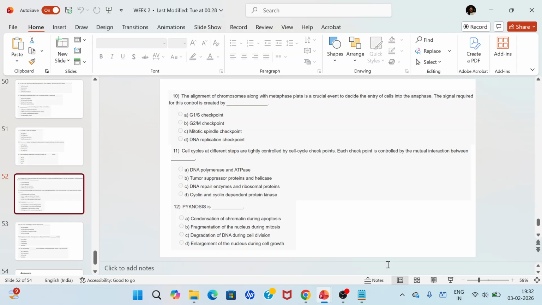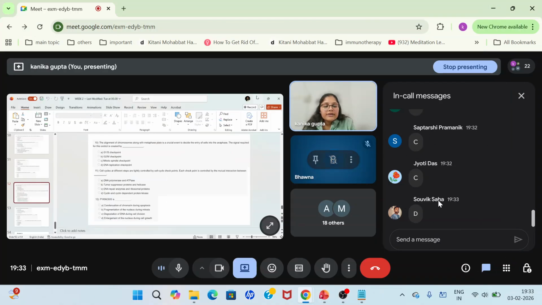Each checkpoint is controlled by mutual interaction between what? We have discussed it two questions back. Question number 11. Yes, it is cyclin and cyclin dependent kinases.